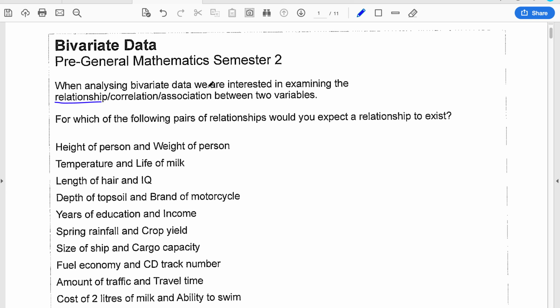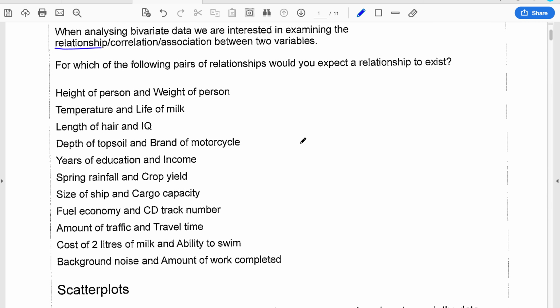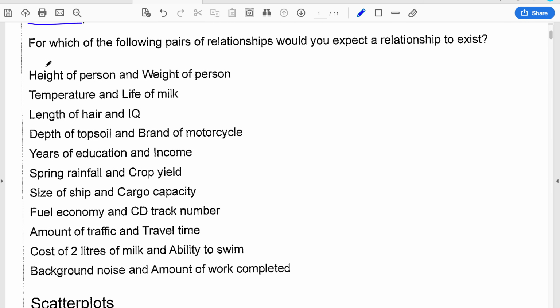So when I talk about a relationship, what I mean is if we have a look at these examples here. If you look at the height of a person and the weight of a person, so if you just take a random scattering of people, say you just were to interview them on the street, and you were to take their height and you were to take their weight, would you see that there would be a pattern emerging?